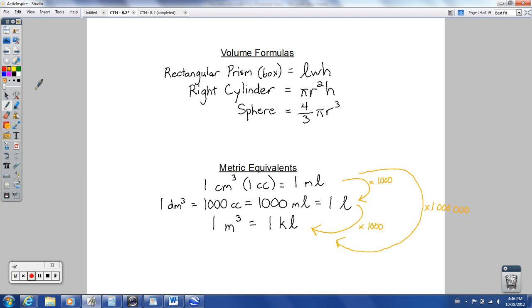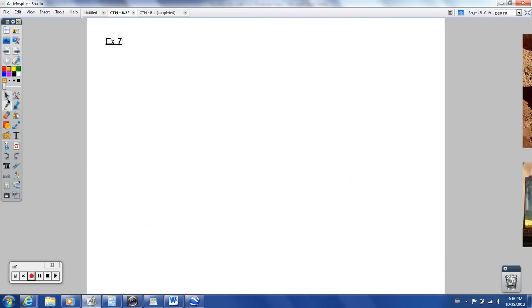So let's do another example here. We are going to find the volume of the figure. We're going to just freehand a figure here. If you want to use a straight edge to draw a better picture, you can. Otherwise, just try to freehand it as best you can.